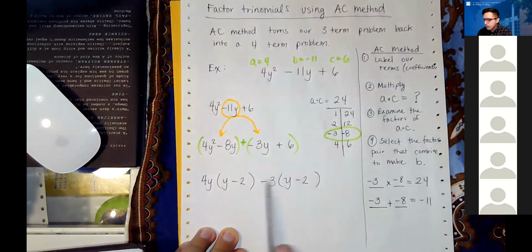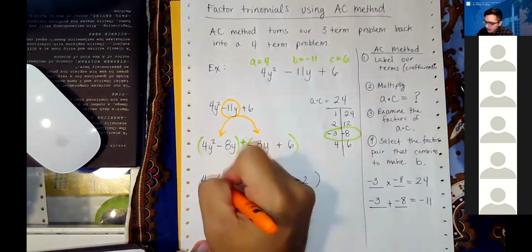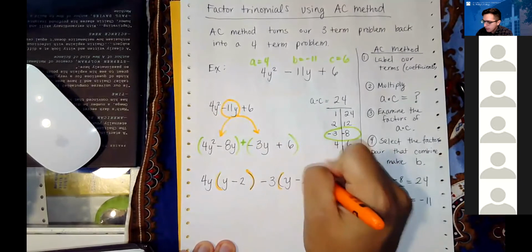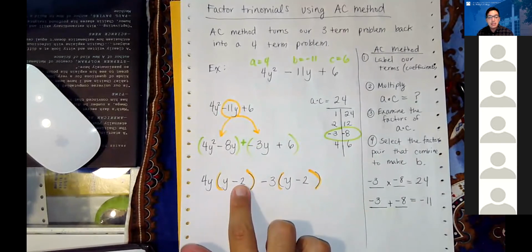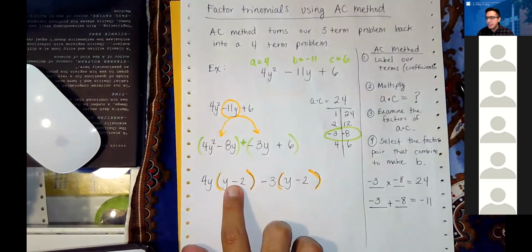Again, -3 times y will give us the -3y back, and then -3 times the -2 will give us a +6 back. If these factors in the parentheses do not match, you've done something wrong. So that's a good self-check to make sure that you're on the right track. They need to match exactly. These two terms need to be the same with the same sign in between them.